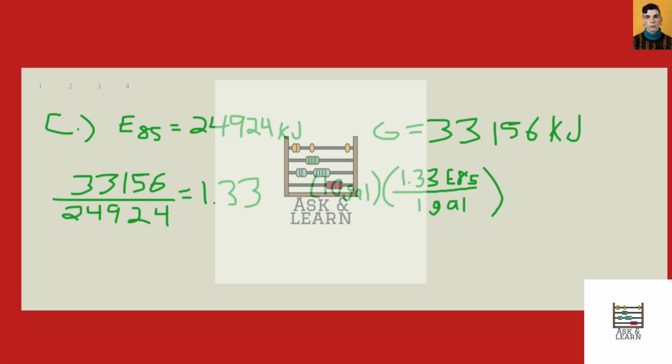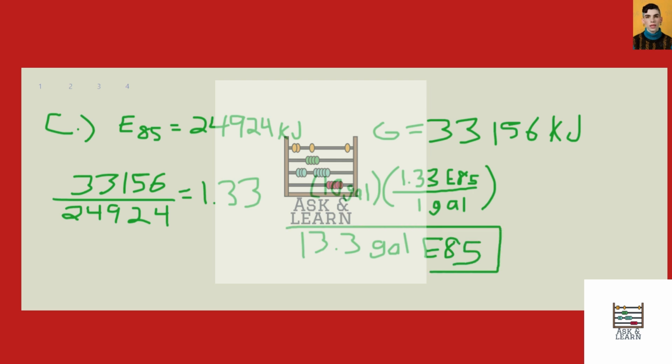So that means we would need 13.3 gallons of E85 to produce the same amount of energy as 10 gallons of gasoline.